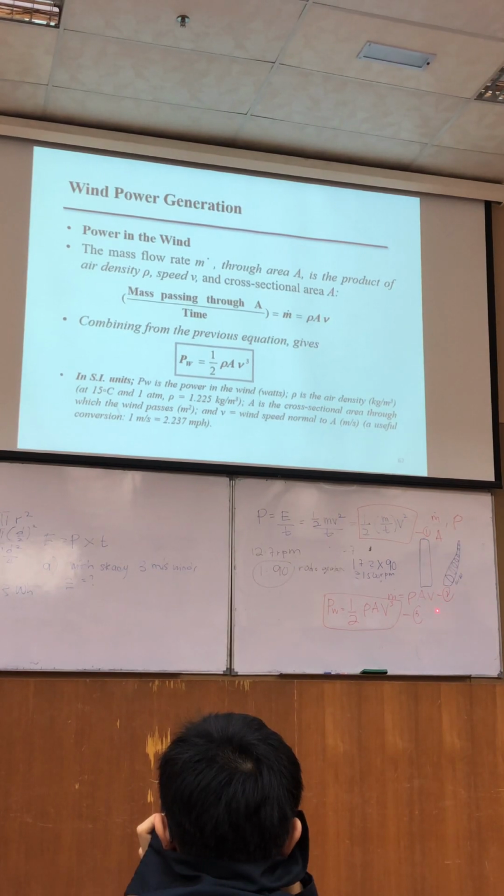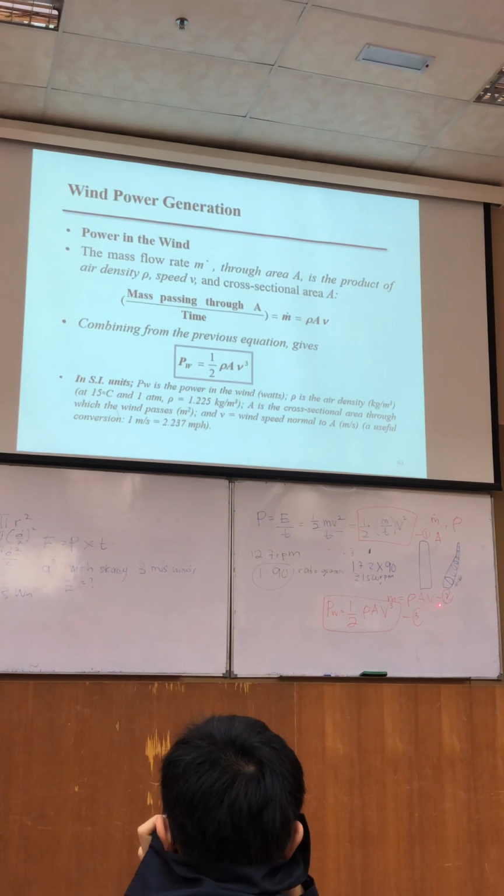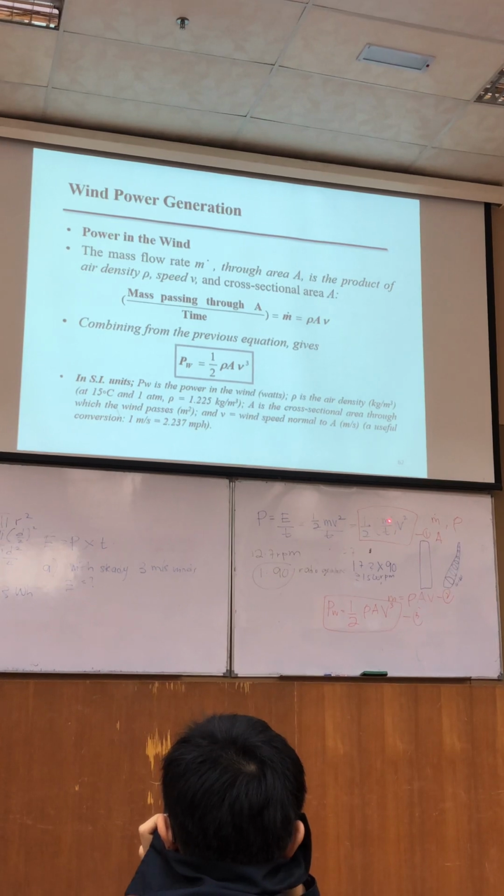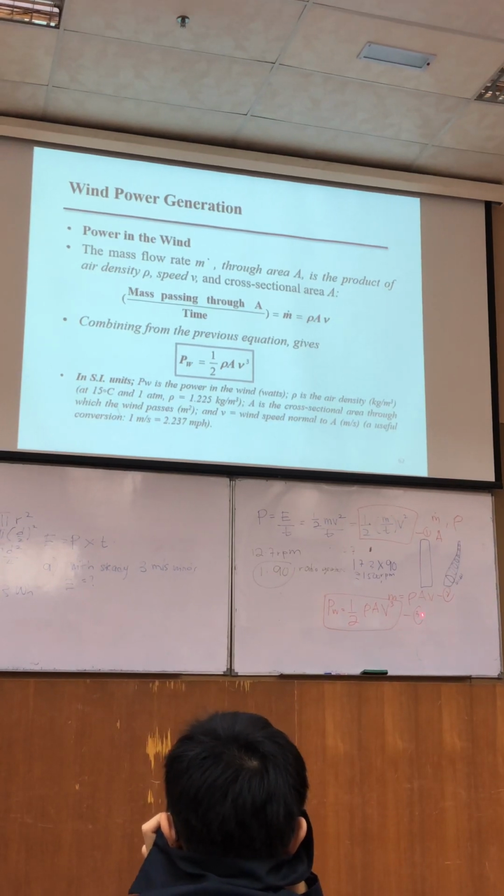When you combine, we substitute equation number 2, m dot equal to density of the air multiplied by the area multiplied by the velocity, into equation 1, and then we can get equation 3.